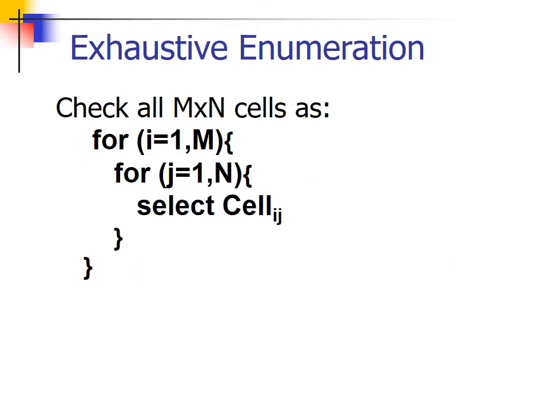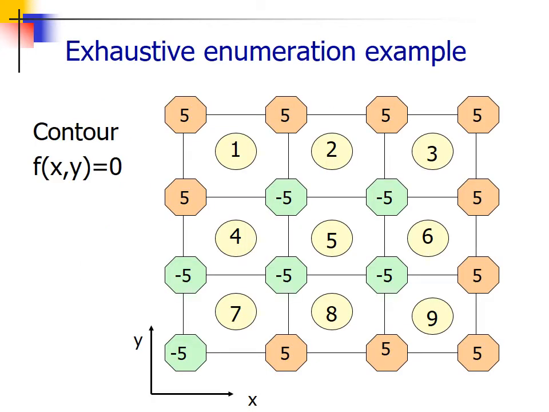The first simple method of contour construction is exhaustive enumeration, when we process cell by cell on the grid. Other methods for reducing computation we consider further. Now let's consider an exhaustive enumeration example. We construct the contour sequentially by processing every cell which has different signs in its corners.